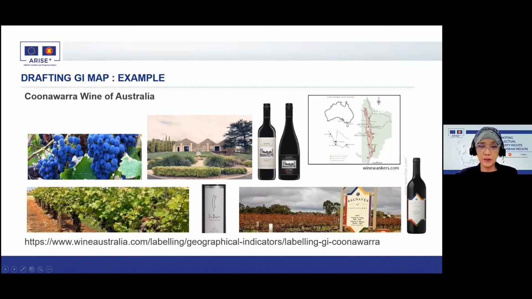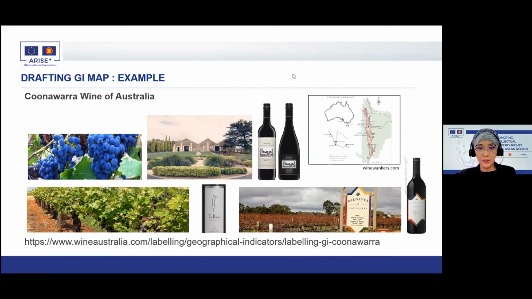So the producers of Coonawarra decided that, okay, we can also include other soils, the blacker soil outside the Terra Rossa soil, as long as the grapes produced there are quite similar with the quality of the grapes produced in Terra Rossa soil.